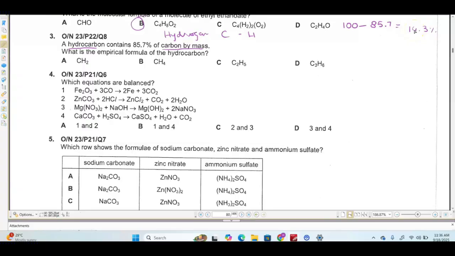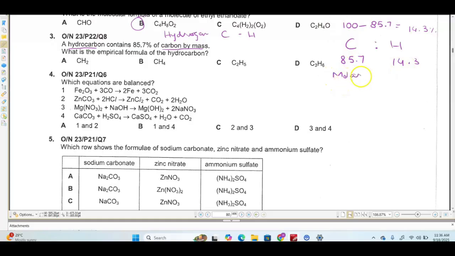So once we know the percentages now, the next step is that you write carbon and hydrogen like this. Write the percentage mass of the carbon over here, and of hydrogen over here. Okay? So first we are going to find the molar ratios of carbon and hydrogen. How do we find the molar ratios?